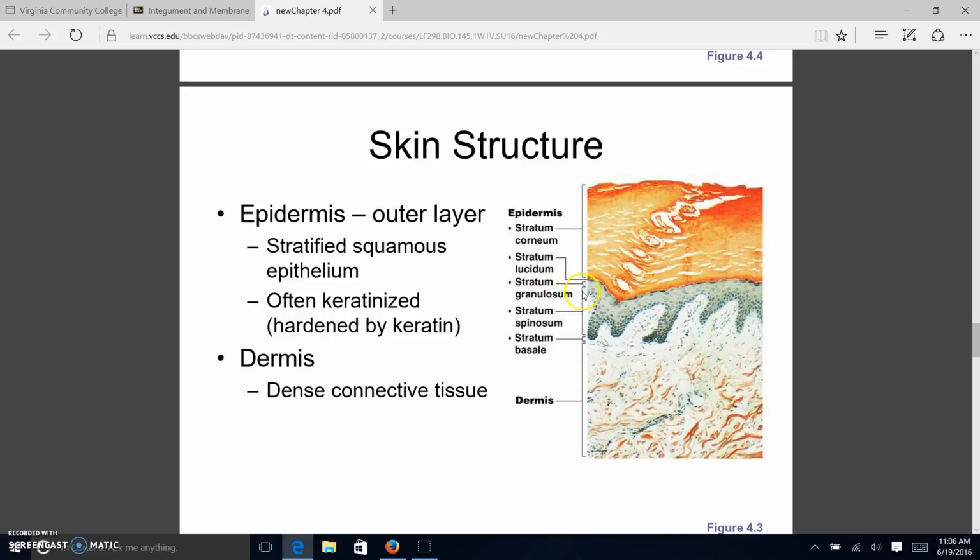But after the stratum granulosum, then we have a very, and we don't find this in every skin layer, but a very thin layer called a stratum lucidum. And by the time the cells basically get up from the stratum granulosum to the stratum lucidum until finally the last layer, the thickest layer, the stratum corneum, the cells start actually dying as they produce the keratin.